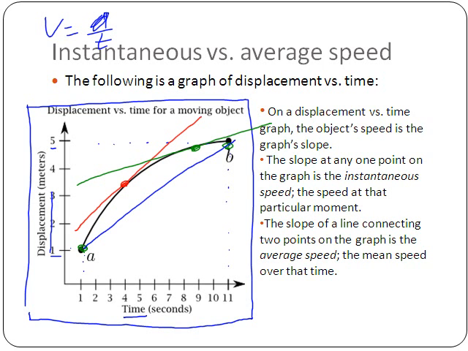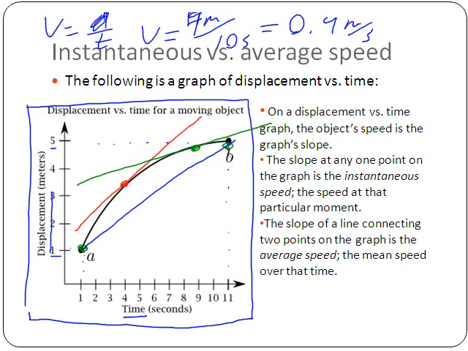And so for this right here, the displacement goes from 1 to 5, that's a displacement of 4 meters, divided by the time, it goes from 1 second to 11 seconds, that's 10 seconds for my time here, and so the speed I'm going to get here is simply going to be 0.4 meters per second. And so that speed right there, I can do that calculation pretty easily.